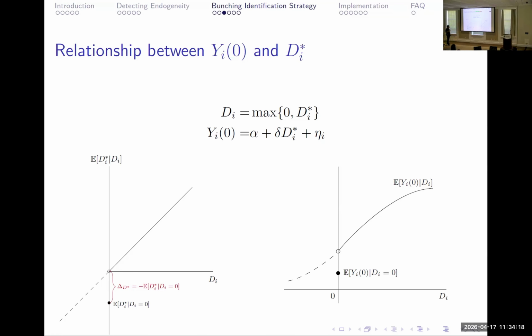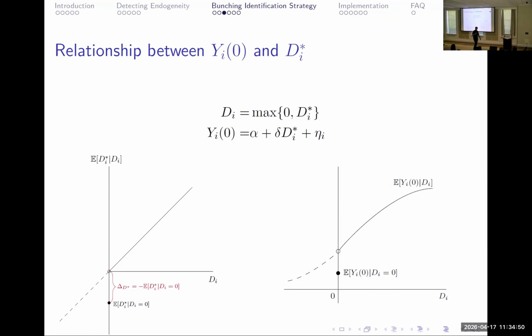But the key point here is the point that we discussed before, right? The average type among the models who choose exactly 0 should be somewhat negative, because you're averaging all these dashed lines. That's exactly what we discussed before. I'm just using the same notion of discontinuity now, but instead of the Y0 that we discussed before, I'm talking in the language of D star, which is the type, because I'm going to make a connection between the untreated potential outcome and D star.